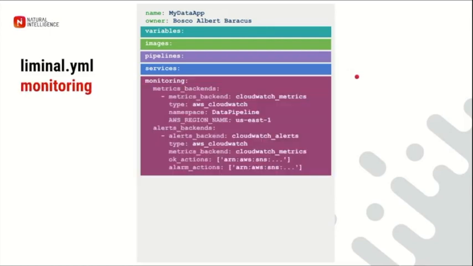And the last section has to do with monitoring, where the user can define metrics backends to which to send the metrics that Liminal automatically creates, which is application started, application succeeded, application failed, and application duration. We have several metrics backends, as well as alerts backends, which the user can define where to trigger alerts.